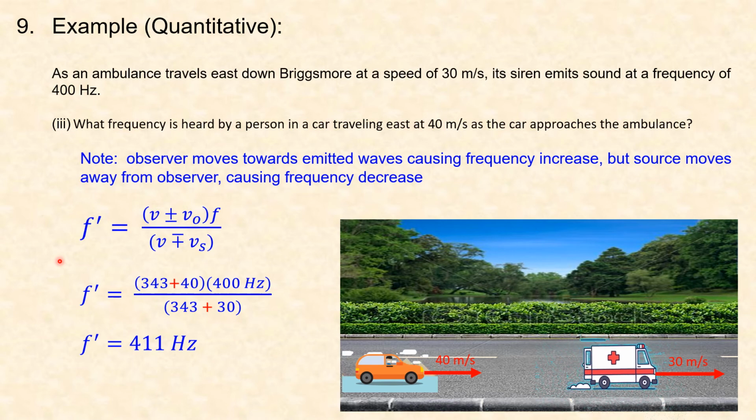One of the effects, the motion of the observer, causes the frequency to go up, but the motion of the source causes the frequency to go down. It looks like overall the observer's motion is the more important one, because overall it causes the frequency to go up very slightly.